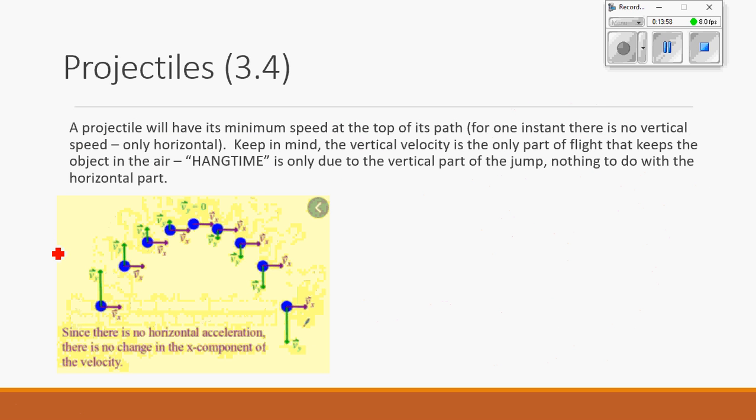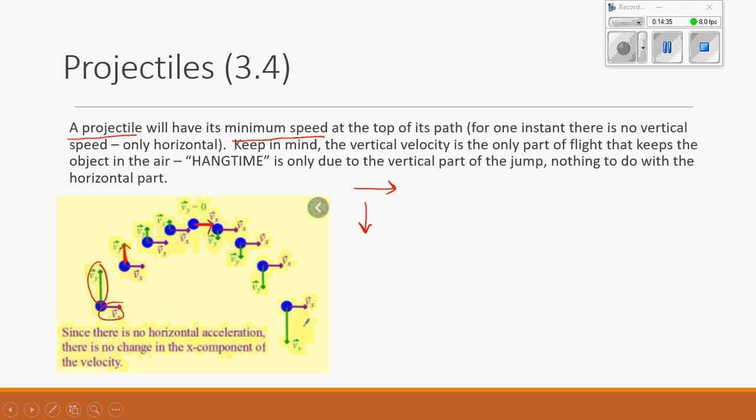Okay, so now that we know that the horizontal is completely independent of the vertical, let's look at this a little closer. It says a projectile will have its minimum speed at the top of its path. And so if you look at the y velocity, we know that the x stays the same, right? So that part of the speed is the same no matter what. But the y velocity does keep changing and keeps getting smaller.